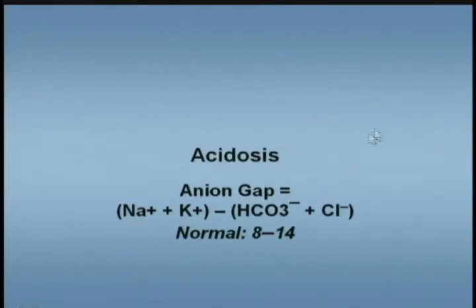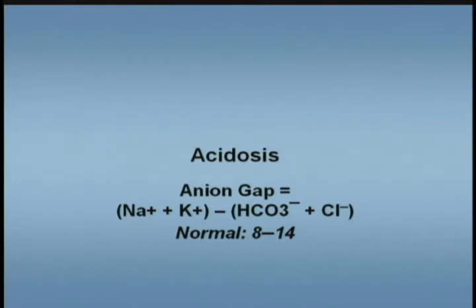Now, for acidosis, this is the anion gap. The anion gap for an acidosis is really saying the cations, cats, right? The cations, minus the anions, which is chloride and bicarb.